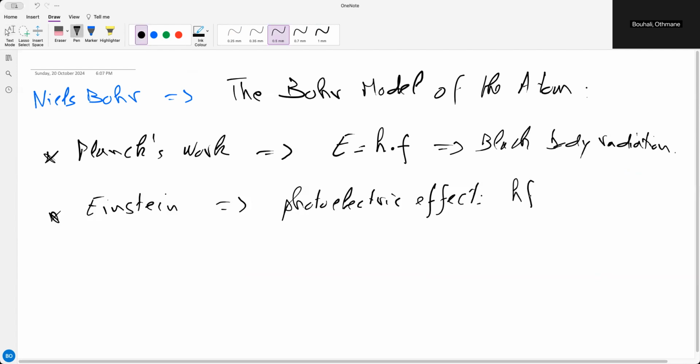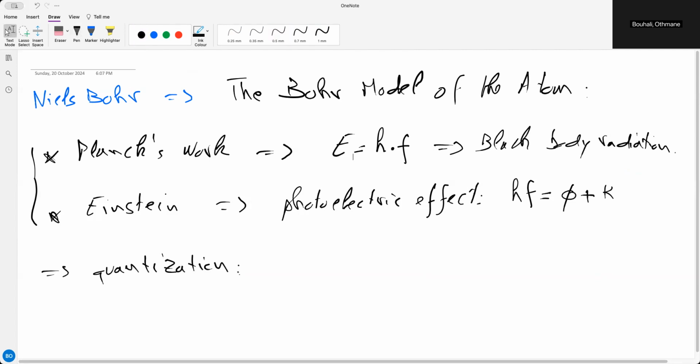The energy of that light is used first to break the bond between the electron and the nucleus, which is the work function, and the remaining energy is communicated to the electrons as kinetic energy. And all this led to what we call quantization.